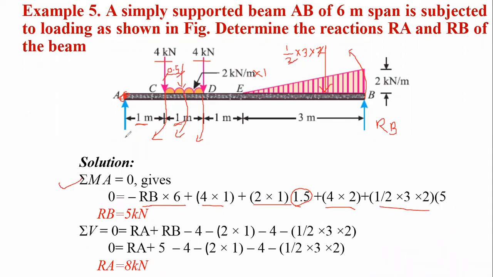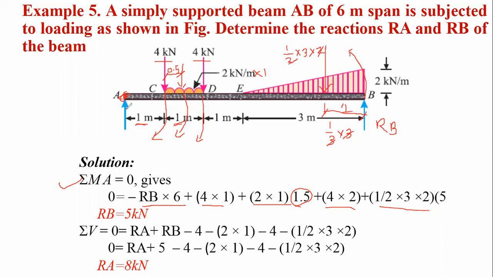We have to measure this distance, but it is located at the CG, at 1/3 of the length. 1/3 of the length is how much? 1/3 of 3, this 3 gets cancelled, the distance will be 1 meter.